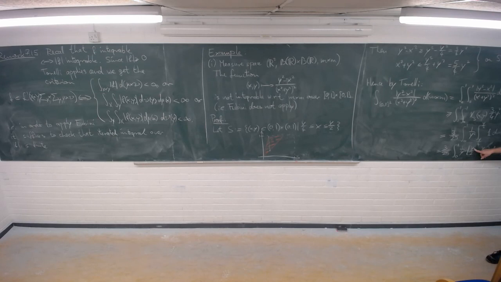So this y cancels this square, so 1 over y is left, and we get an additional factor of 1 over 4 in front.